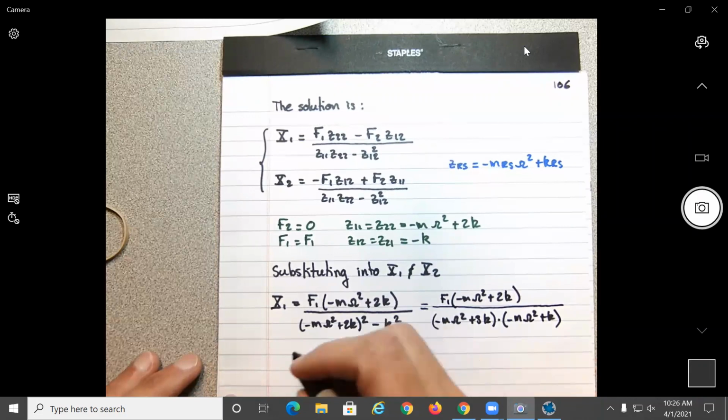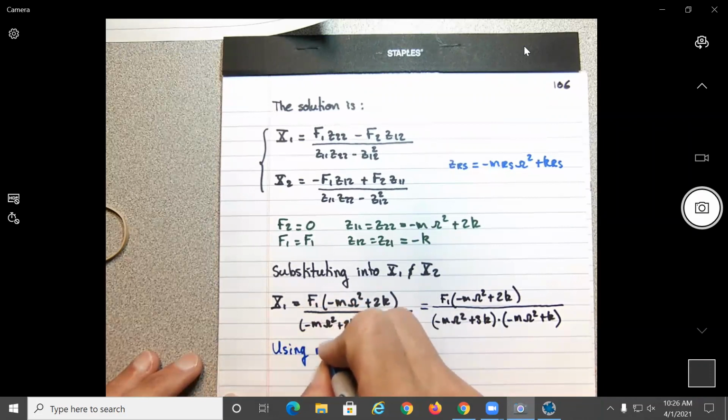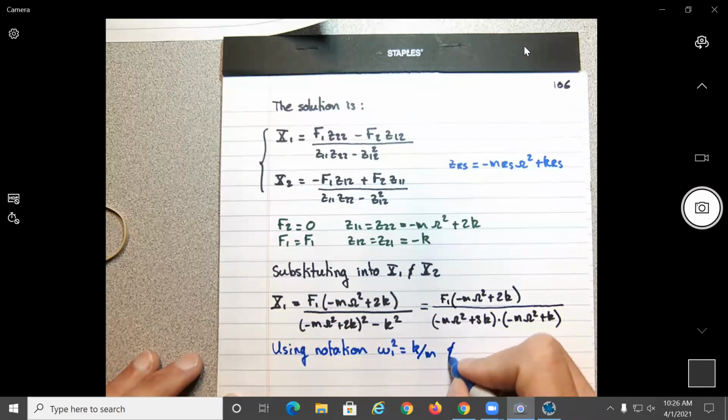So we're going to say now, using notation, that omega 1 squared is K over M and omega 2 squared equals 3K over M, which basically will be the two roots over here.